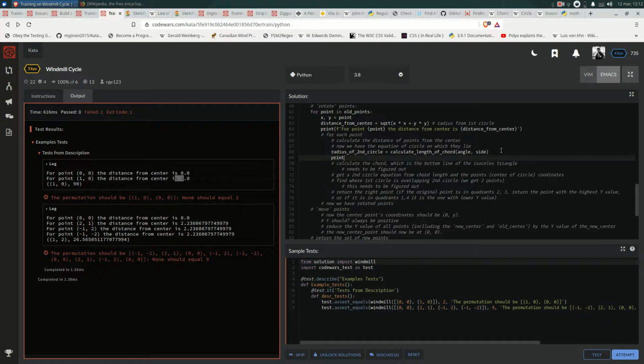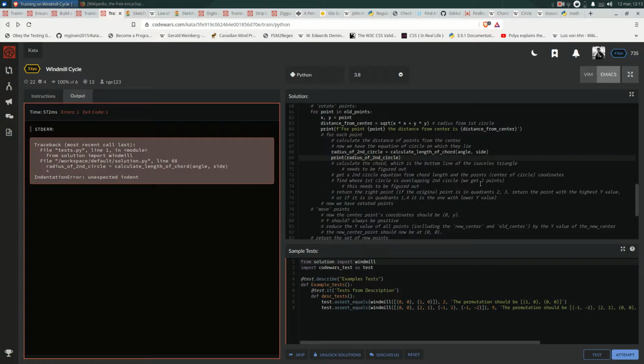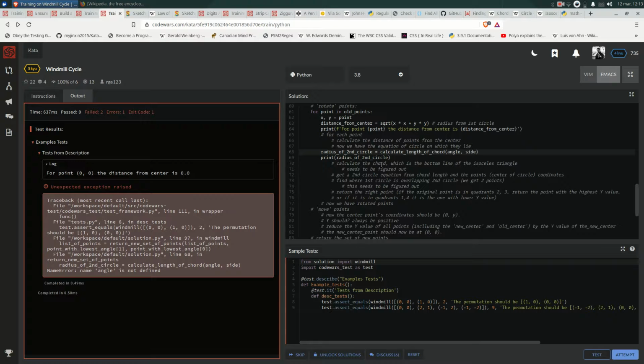Let's print out the radius of the second circle. Oh. Name angle is not defined.